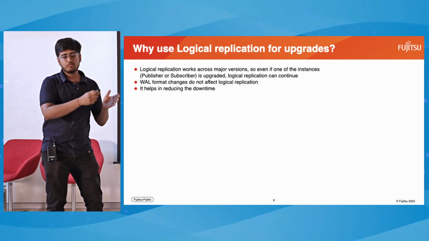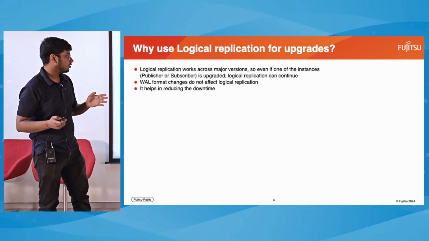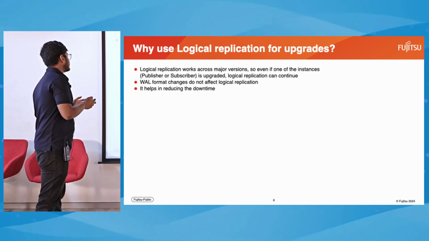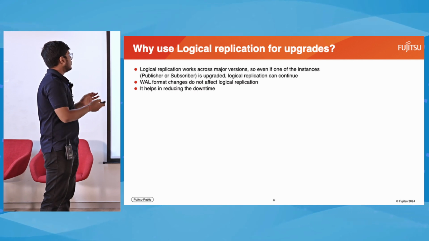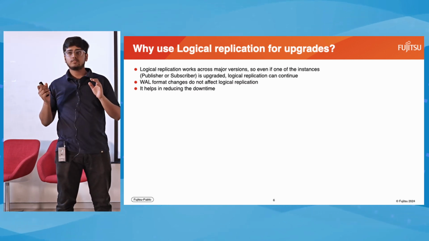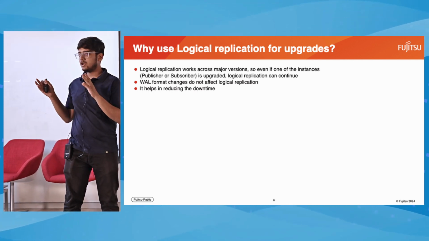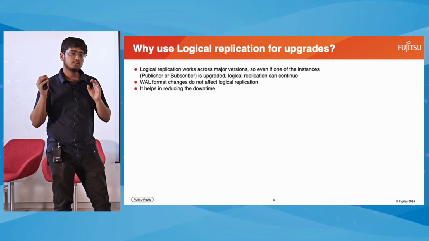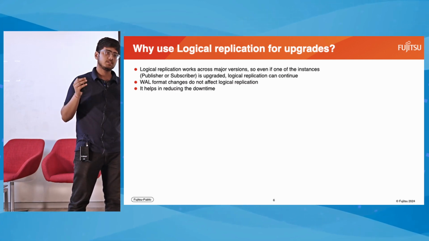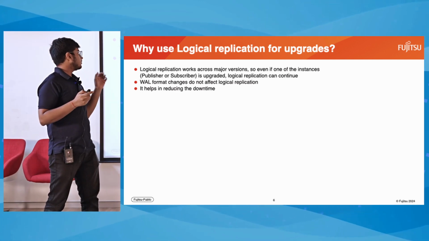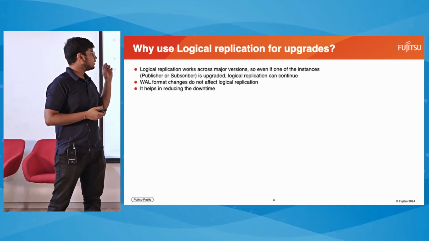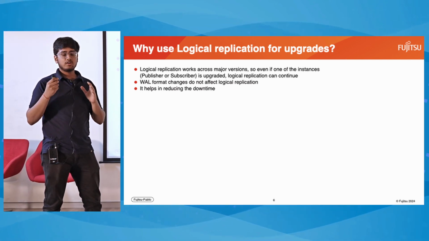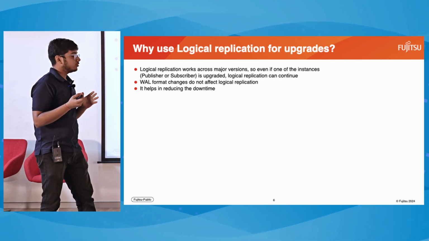We can replicate data from PG16 to PG12 using logical replication. Also, different major versions can have different WAL formats, and this does not affect logical replication. So because of these points, logical replication can be used during upgrade to reduce the downtime.